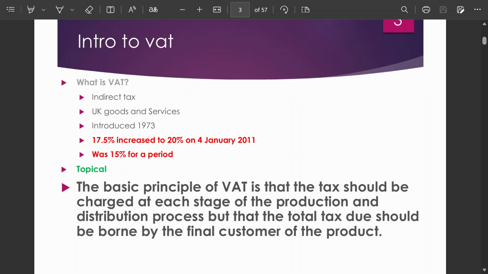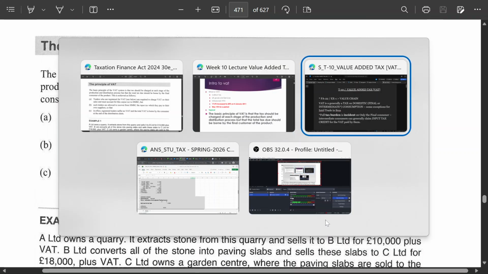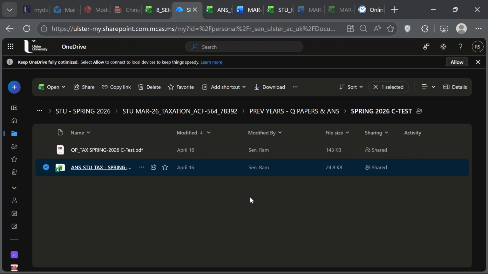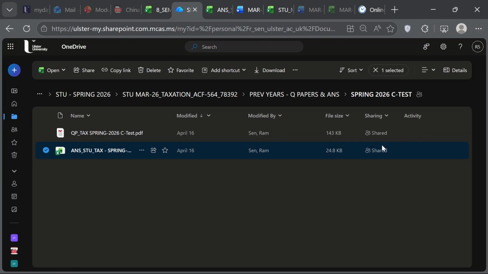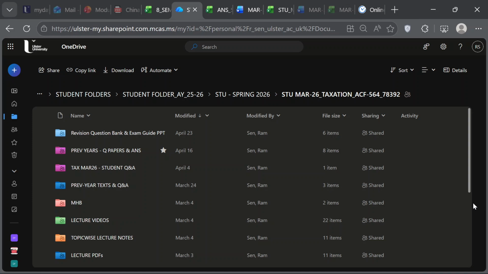Okay, so I have also given you one more element here. I also found that people were not aware of this from when I was having the discussion with the other group the day before yesterday. I have also posted something else, which is here: the revision question bank and exam guide.